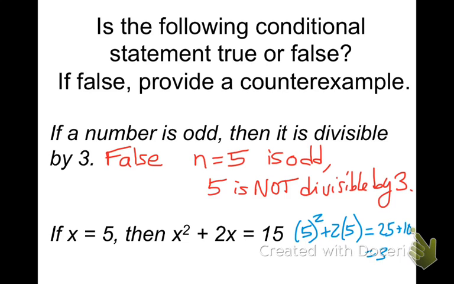This is equal to 35. So this statement is false because if x equals 5, then x squared plus 2x equals 35. And that's our counterexample to show that the conclusion is false.